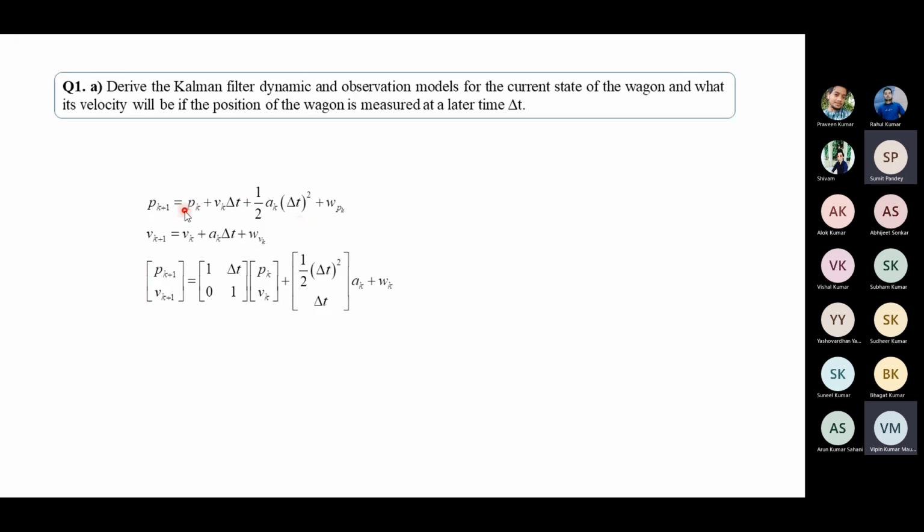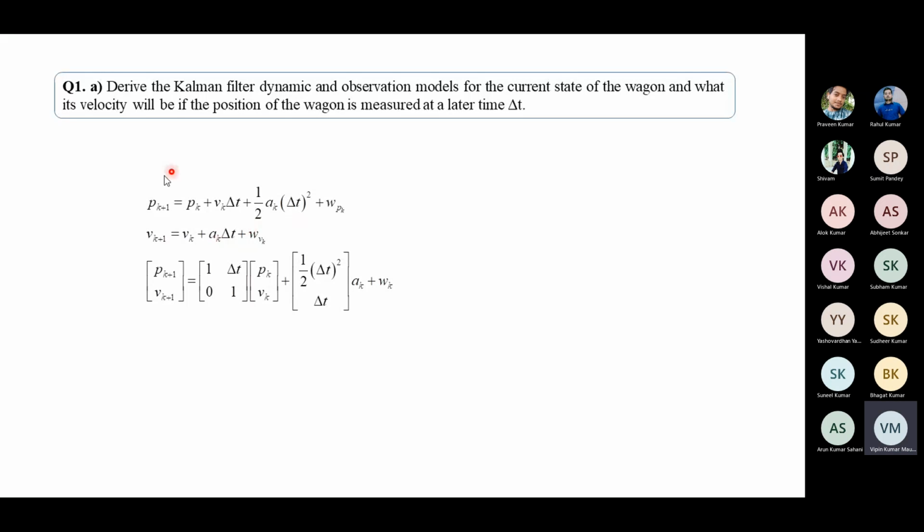So for our case, we have position at k, velocity at k, the time difference delta t, and the acceleration at k, half a delta t square, plus WPK, the system noise for our equation, which we are assuming. Using this equation, we can compute the position at k plus 1. Similarly, the velocity at k plus 1 is vk plus a delta t plus noise in this equation.